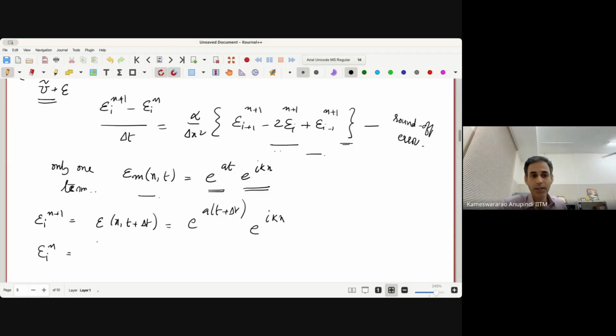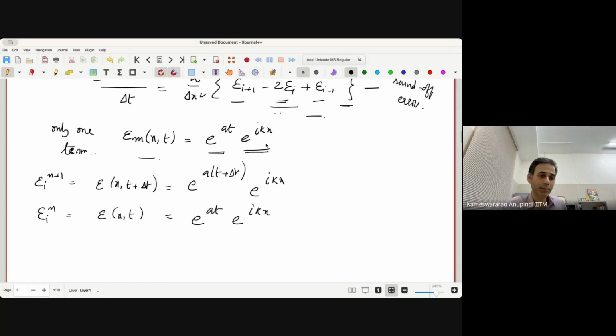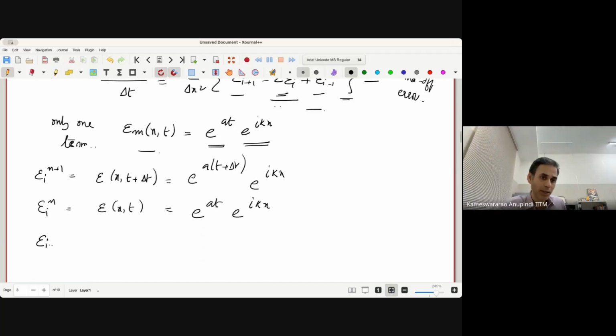And what I want is epsilon_i^n. This is nothing but epsilon at x comma t. This is e to the power at times e to the power ikx. Then we need to calculate epsilon_(i+1) and epsilon_(i-1). This we already have calculated here. So we just need to calculate epsilon_(i+1) and epsilon_(i-1) at the time level n plus 1. That means epsilon_(i+1) at n plus 1 is going to be epsilon at x plus delta x, comma t plus delta t.